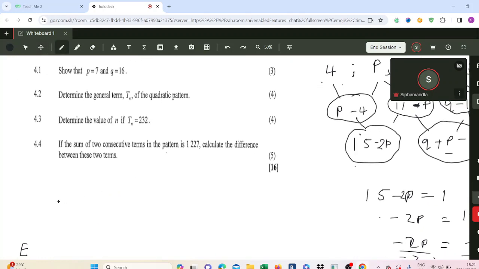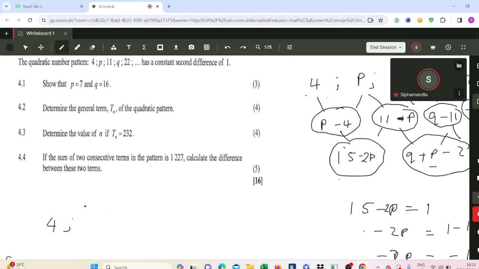So we know that p is 7, so we just plug in 7, and then we have 11, and then we have 16, and then we have 22. Okay, now we can easily find the difference here, right? So let's go ahead and find the difference.